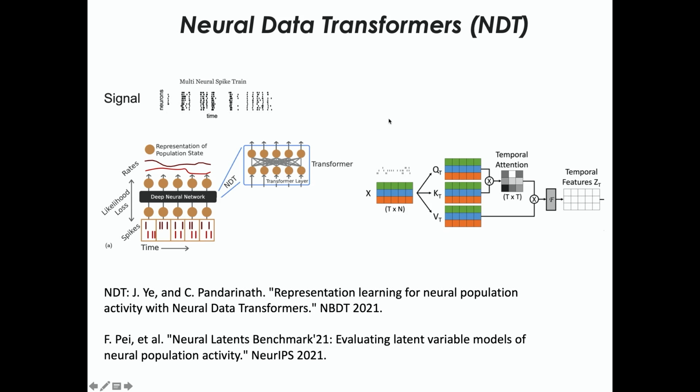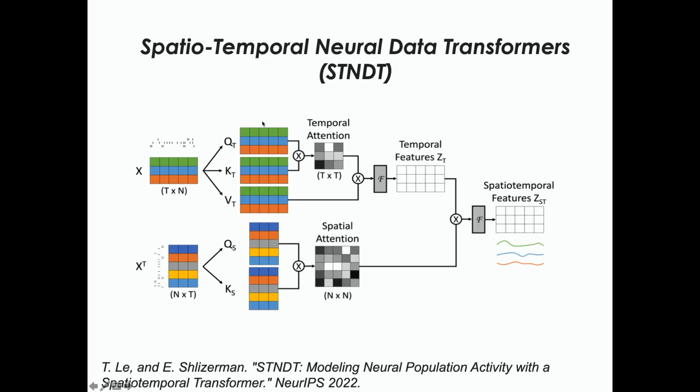We are relying on the work of Pandarinath in 2021, where they showed that NDT could be an effective generative model for neural signals. And we are proposing to add a spatial attention beyond the temporal attention to transformers.